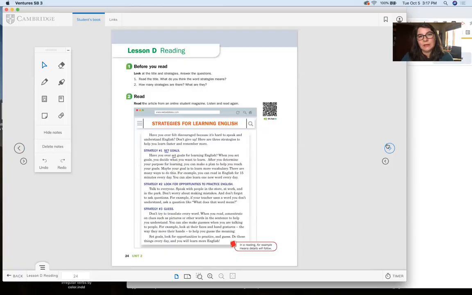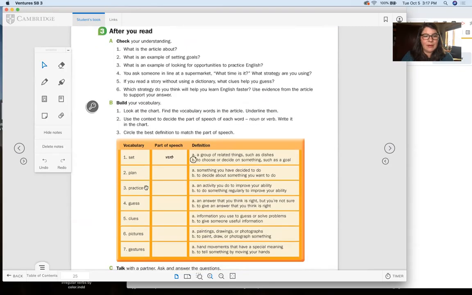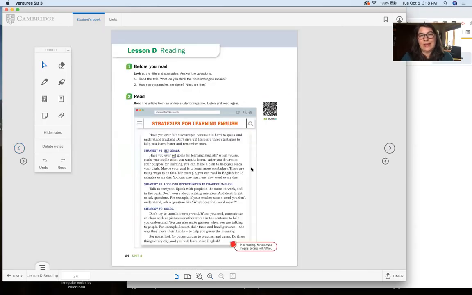Do you understand? So again, these words right here, plan, practice, guess, clues, pictures, gestures, they can either be a noun or a verb in English. I want you to tell me which one is used in this reading, okay? So again, you can underline them and then figure out, is that a noun or a verb?